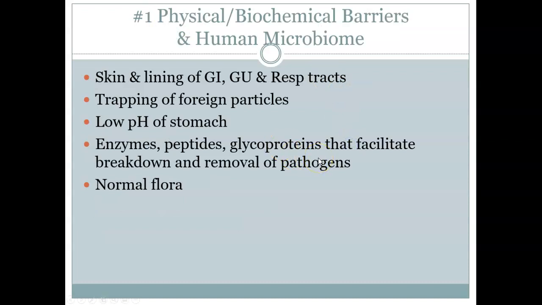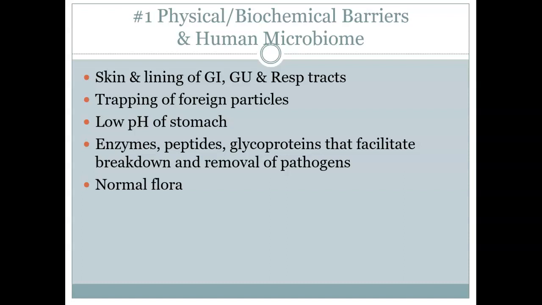Number one, our physical biochemical barriers. Our skin, the lining of our stomach, our GU tract, and our respiratory tract all have different structures that help resist invasion. In our respiratory tract, if you remember from anatomy and physiology, we have the cilia and the goblet cells that help produce mucus, help trap foreign particles, and help us expel those foreign particles through coughing and sneezing.